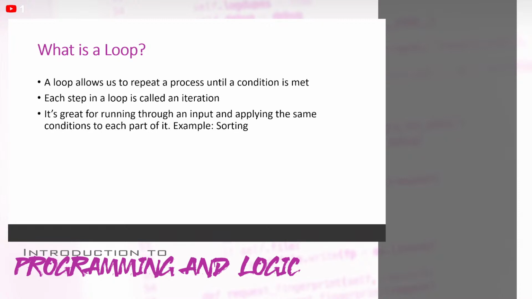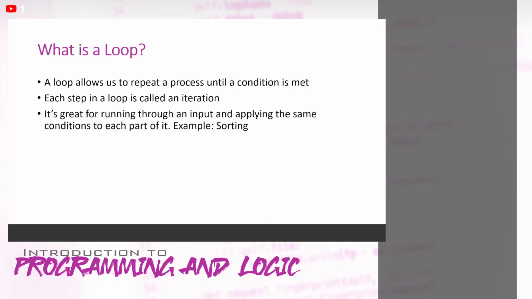And our while loop is basically saying, this is going to run while this condition is true, or as long as this condition is true. So it's going to keep running the same block of code over and over again until it gets to the point where that condition breaks. And when that condition breaks, the loop will stop. It'll move on to the next thing.